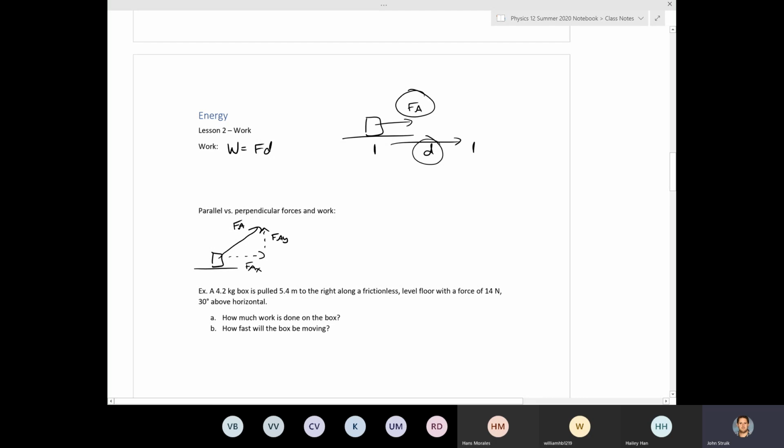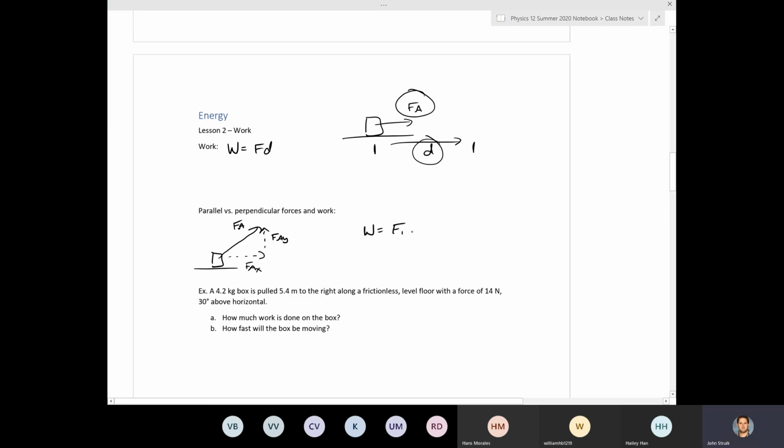It's not changing energy at all. The FAY isn't lifting the object off the ground, so it's not giving it potential energy, and it's not contributing to the change in kinetic energy. Only the FAX is.